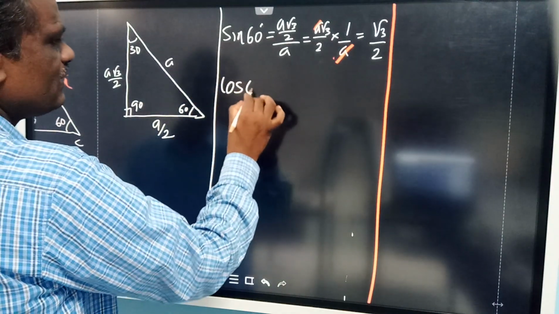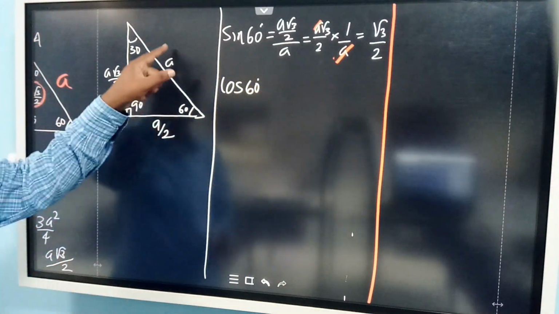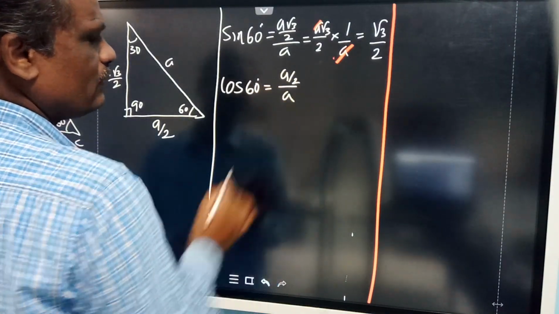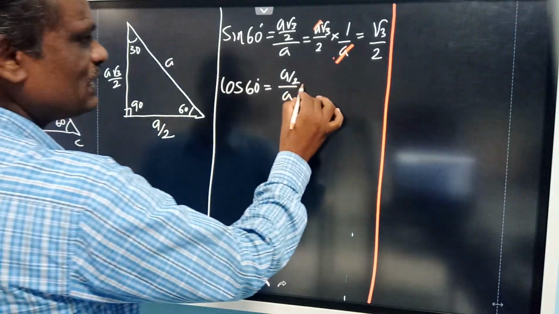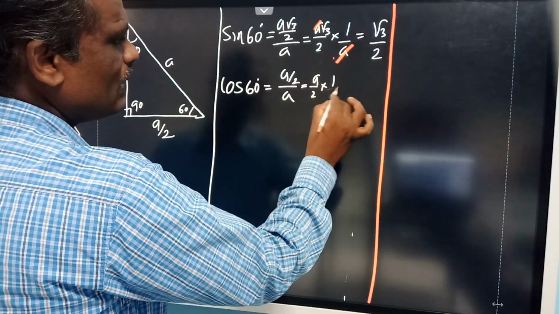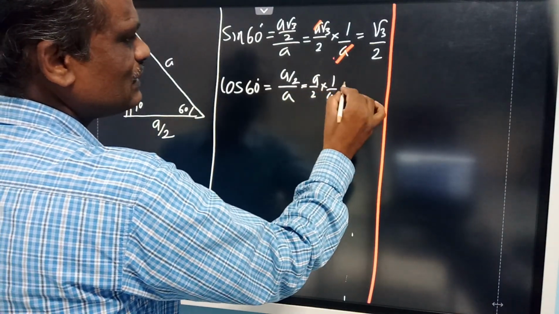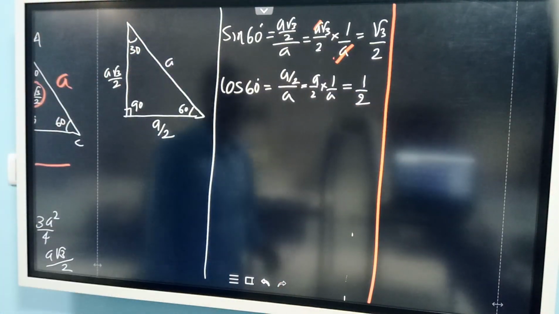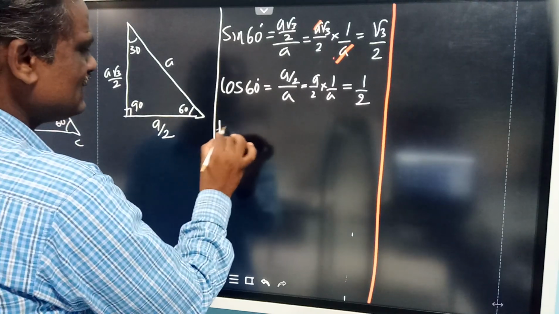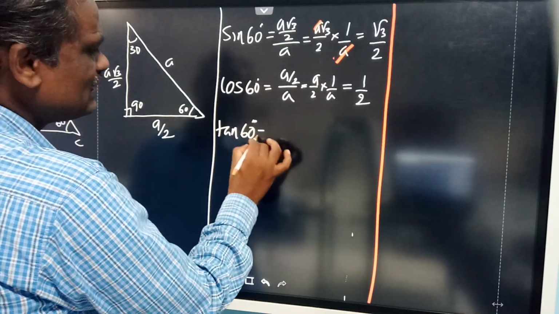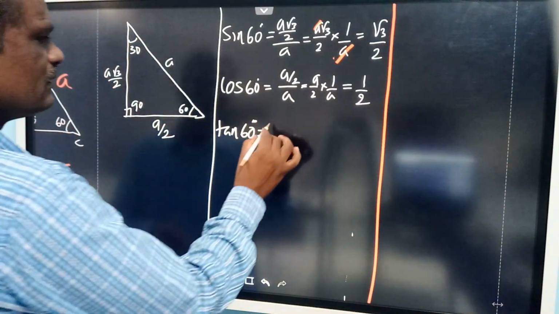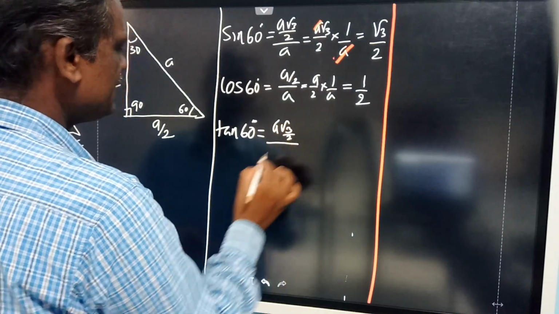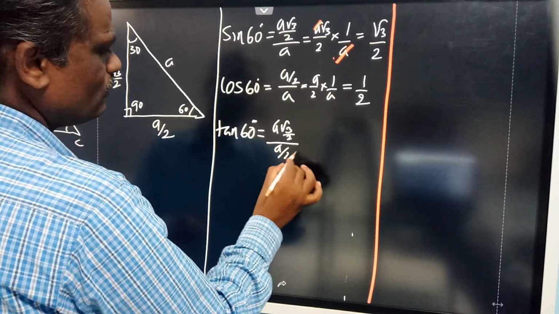Similarly cos 60 degree, adjacent side by hypotenuse. So it is A by 2 by A. If you simplify this, A by 2 into 1 by A. A cancels, you will get 1 by 2. Cos 60 degree is 1 by 2. Then tan 60 degree, opposite side A root 3 by 2, whole thing divided by A by 2.